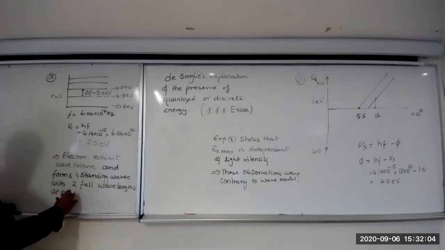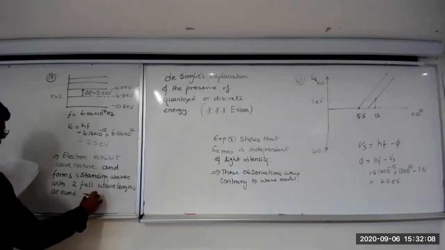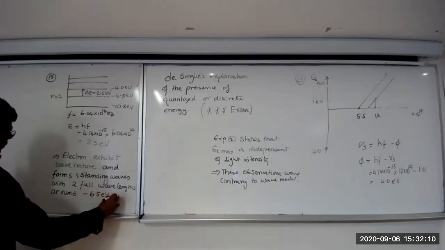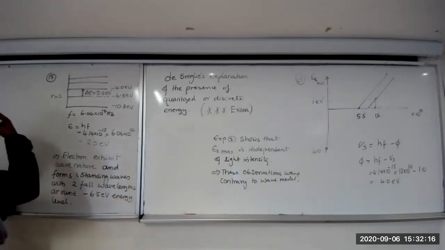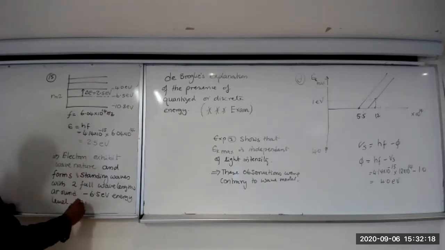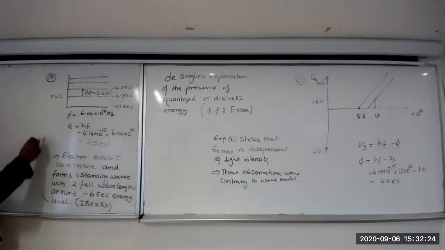Around negative 6.5 energy level. Okay, so because 2 pi r equals 2 lambda, you can draw it, you can show that. It's n equals 2.